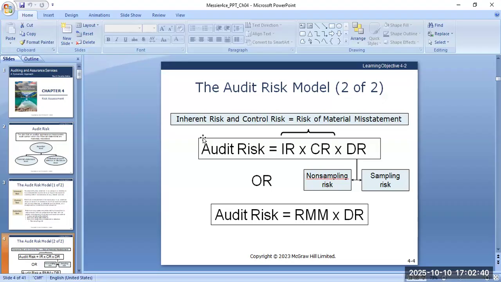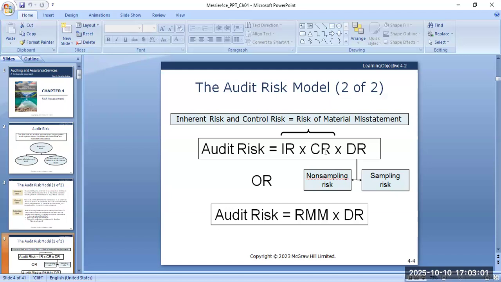So simply said, the audit risk is again a computation between the inherent risk, control risk, and detection risk. Inherent risk and control risk, there's not much we can do. The auditor doesn't have too much power to change those risks.